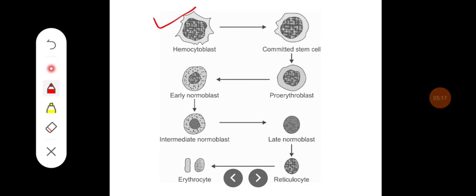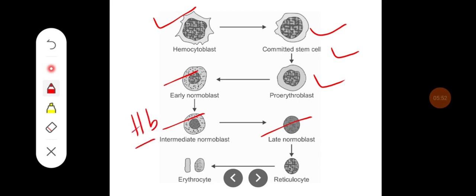Then they commit, and get converted into burst forming unit and colony forming units to give rise to the erythroid progenitor cells, precursor cells, which is nothing but the pro-erythroblast. The pro-erythroblast gets converted into early normoblast, intermediate normoblast, late normoblast, where active mitosis happens till the stage of intermediate normoblast, and hemoglobin starts appearing in the stage of intermediate normoblast.